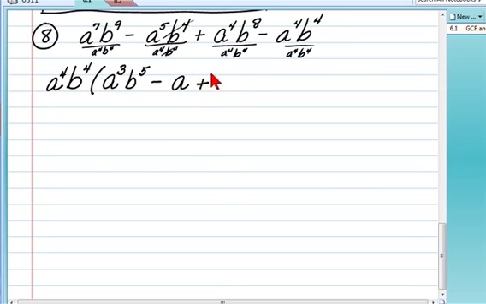All right, plus, in the next term, the a to the 4ths divide out, so that's a 1 times b to the 8th over b to the 4th is b to the 4th. And for the last term, everything divided out, which means what's left over? 1. Done.